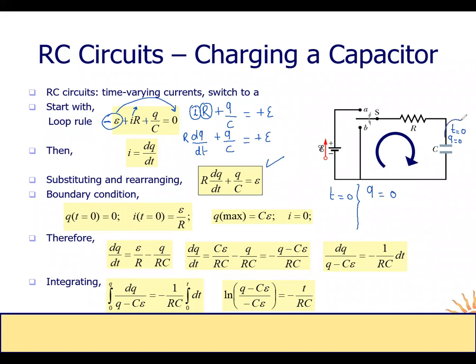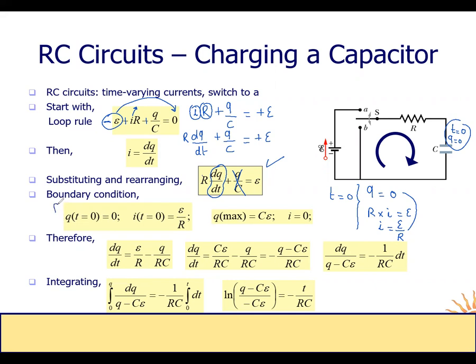We don't have any charge in the capacitor. And also, if Q equals 0 at initial time, R times dq divided by dt, which is I, equals E. So I equals E divided by R. These are the two conditions at t equals 0.